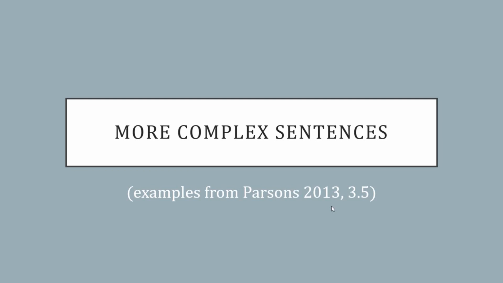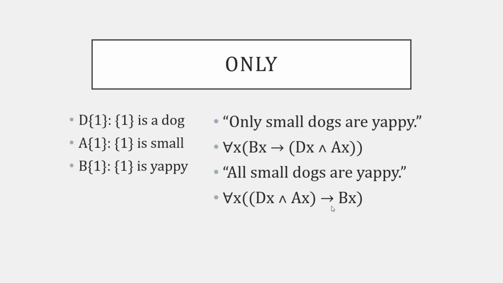We're getting from very syntactic to more practical. So now we're getting into the very practical end of symbolizing things. So, you know, what to do if you see words like only. All right. So only works pretty much the same in predicate logic as it did in sentential logic.